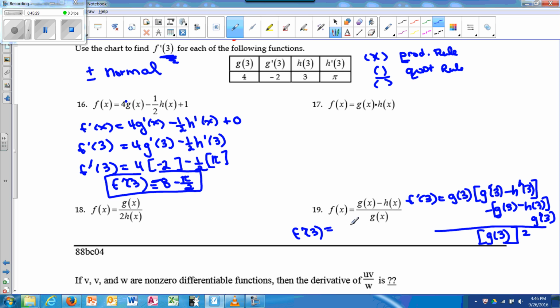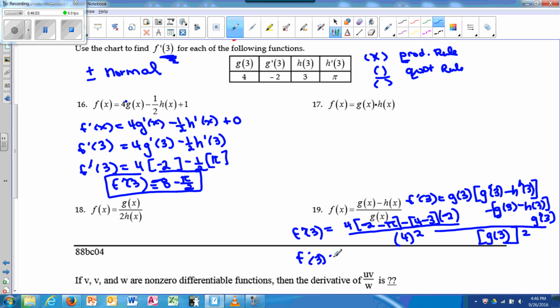Now I have to have parentheses for that. The d high is g prime of 3 minus h prime of 3. Minus the high, which has to stay in parentheses, times the derivative of the low. And that's all over the square of what was below.